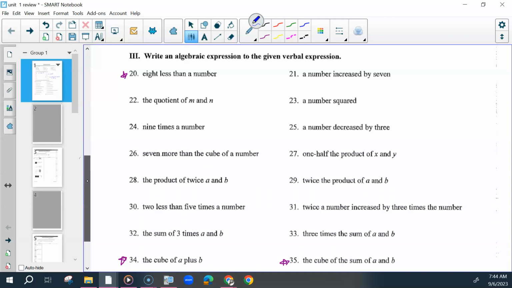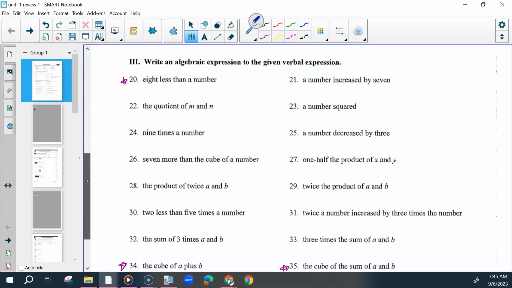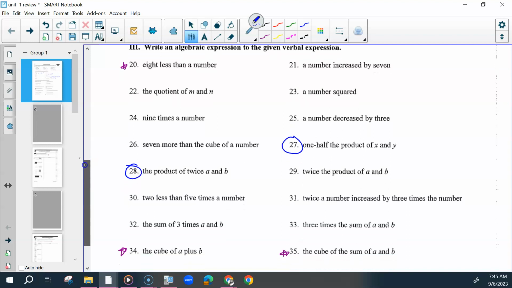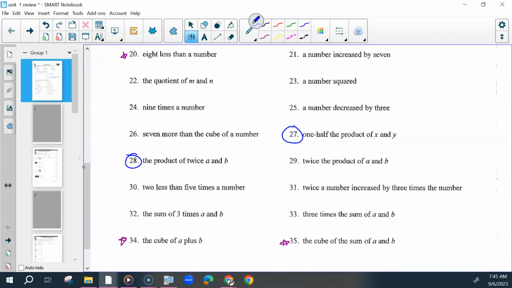28. And how many, what did you say? 27. So let's do those first. We'll do 27 and 28. 1/2 the product of x and y. So the wording here is very specific.